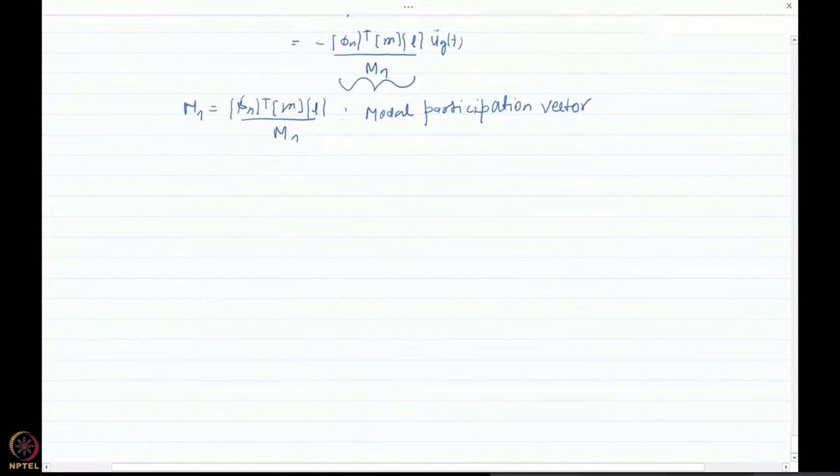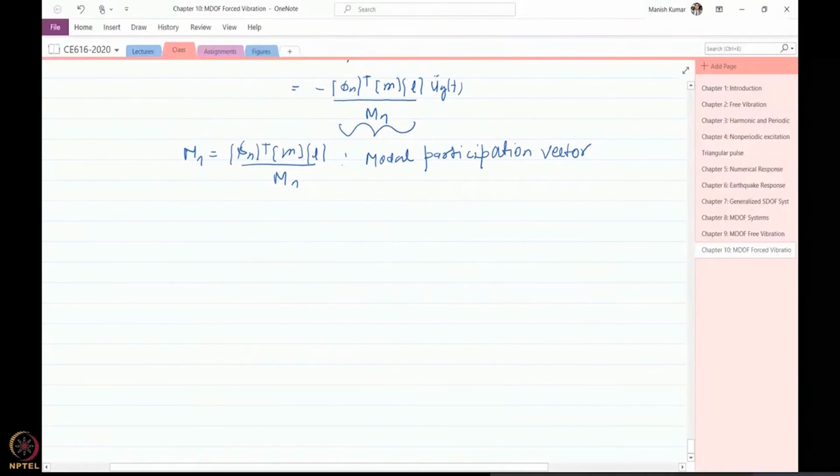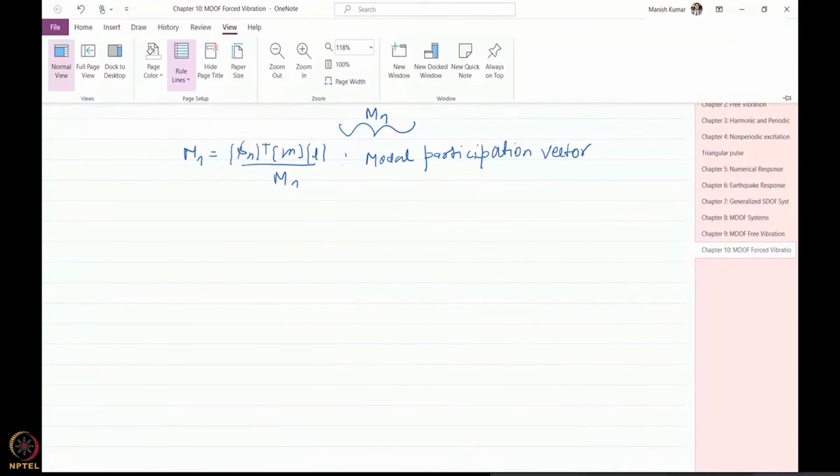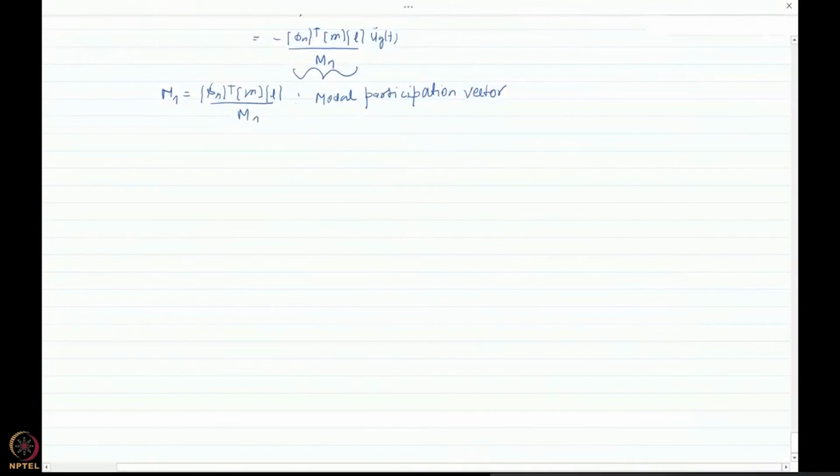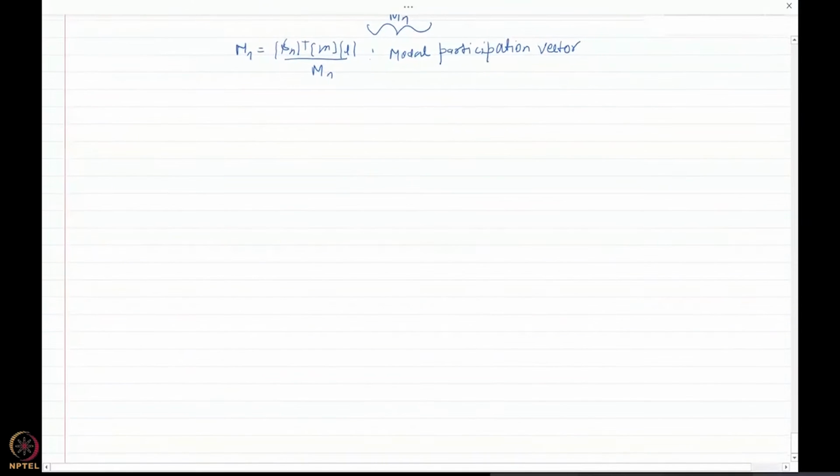So the equation that we need to solve basically becomes this: qn double dot t plus 2 zeta n omega n qn dot t plus omega n square qn equal to gamma n ug double dot t.